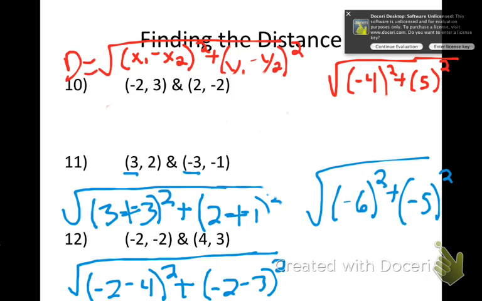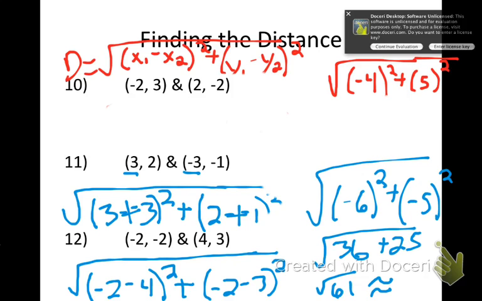Now, negative 6 squared is really just 36. Negative 5 squared is really just 25. 36 plus 25 comes out to be what, Trevor? 61. The square root of 61, which is approximately what? Trevor, do you have it? 7.8. Nice job. Use a calculator. Okay, if you use the Pythagorean theorem, instead of negatives there, you get a distance of 6 and 5, which still comes out to 36 and 25, which is where we get the same answer.